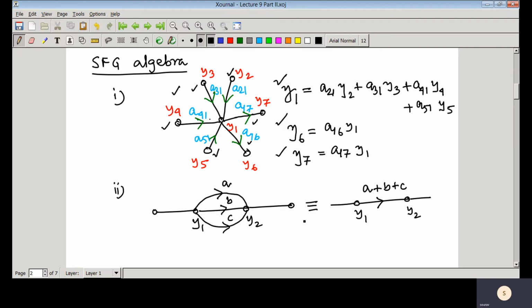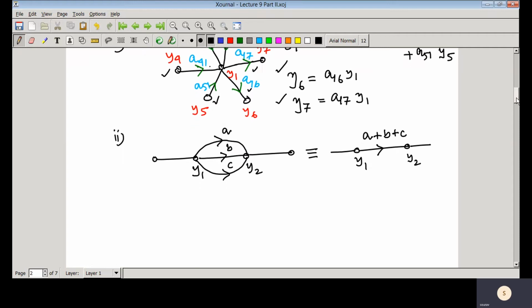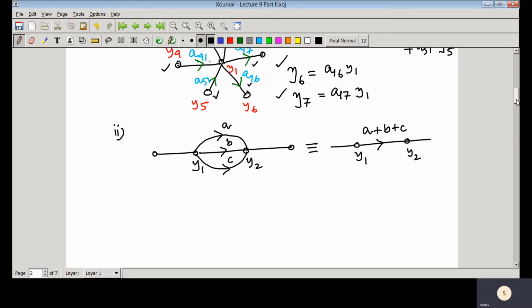If you just write here that Y2 would be equal to A Y1 plus B Y1 plus C Y1, from there easily you can find what would be that effective branch gain.